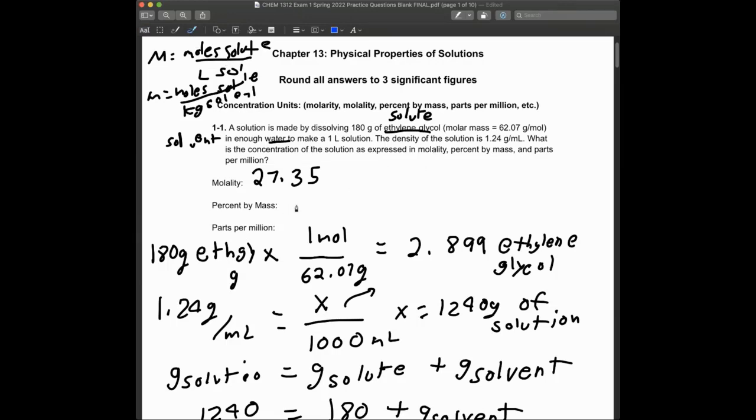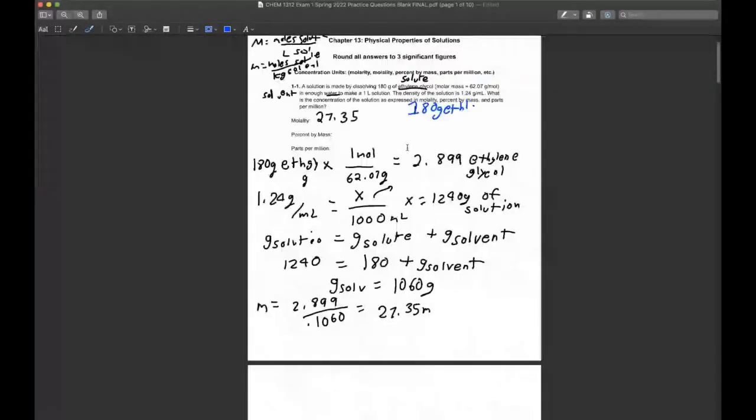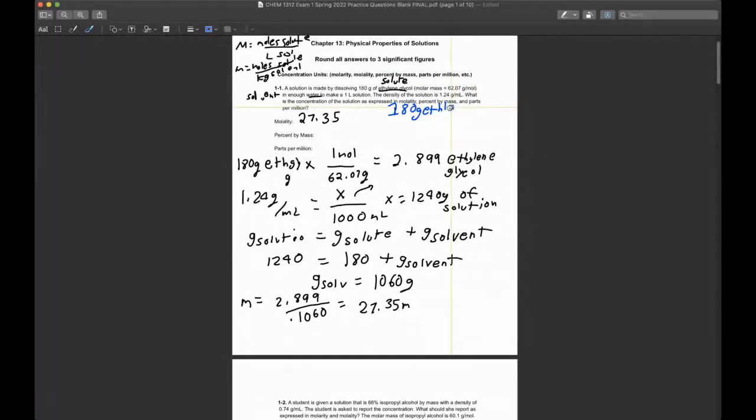So in this case, we have 180 grams of ethylene glycol over something else.